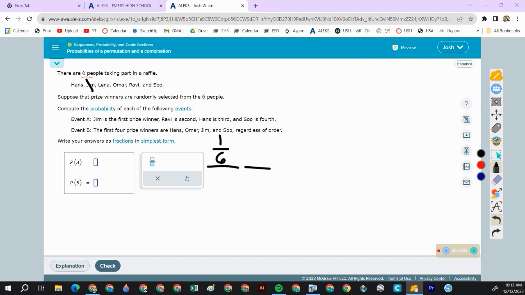Okay? So what is the probability that Ravi is the second person chosen? Well, how many names are still in the raffle? 5. So Ravi has a 1 in 5 chance of being chosen. Okay? Hans, being the third, has a 1 in 4, and Sue has a 1 in 3.